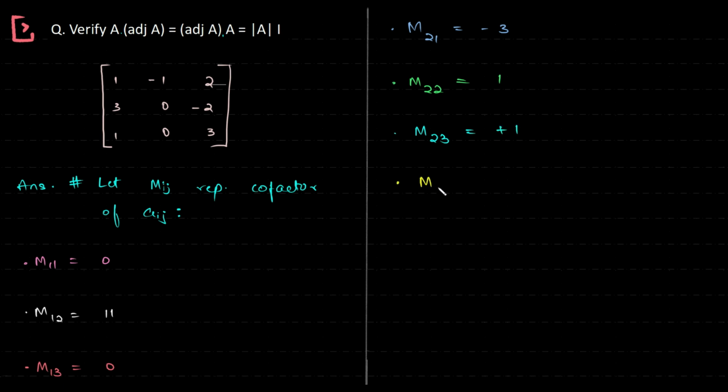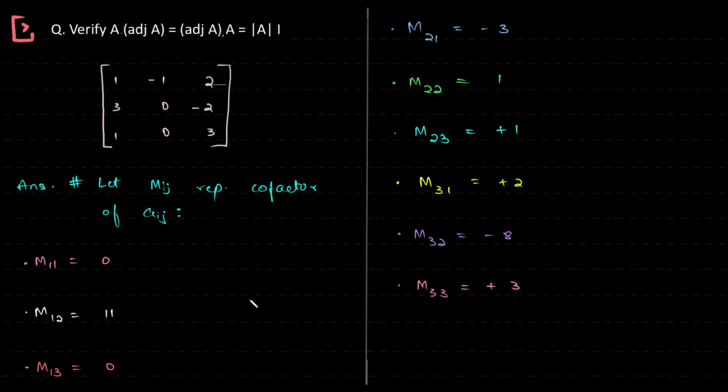Then we have M31, this and this ignored, and we have plus 2. M32, so this and this ignored, we have minus 2 and minus 6, minus 8. M33, so this and this ignored, and we have plus 3.